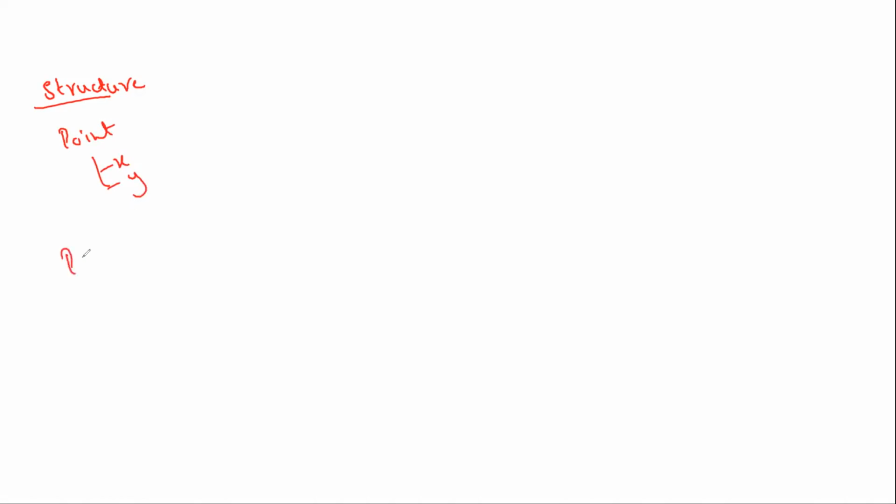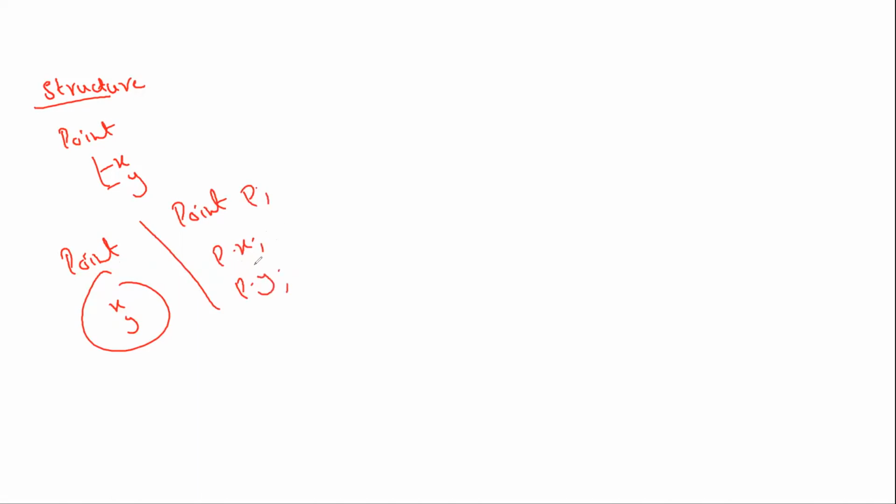In your program you could do point p, and then you could write p dot x, p dot y. You can give them values or you can print them, you can do whatever you want with them.